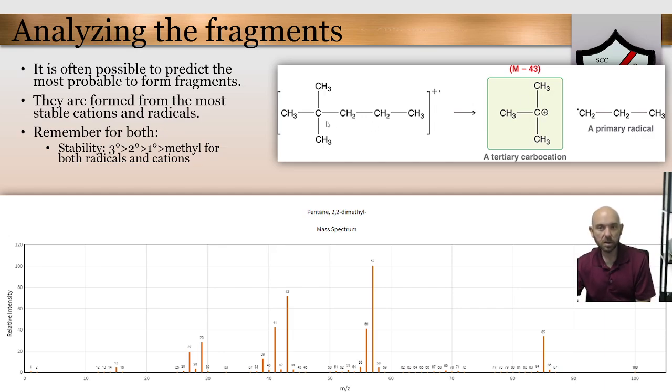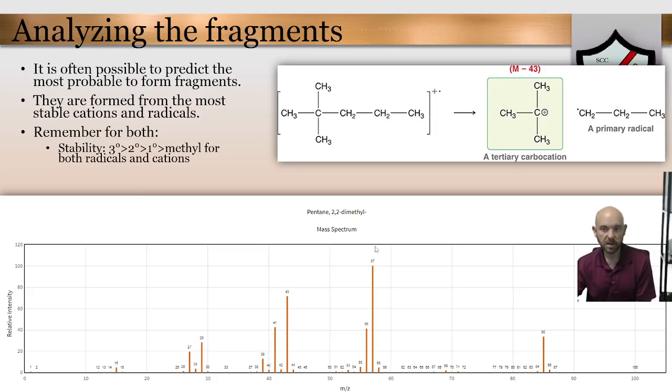And if we look at the structure, we can see that if we lose the propyl group at this bond, the resulting carbocation is tertiary, and forming stable carbocations is preferable in any kind of situation.